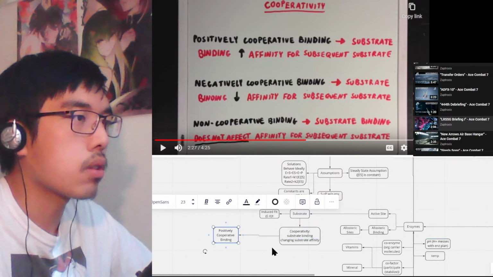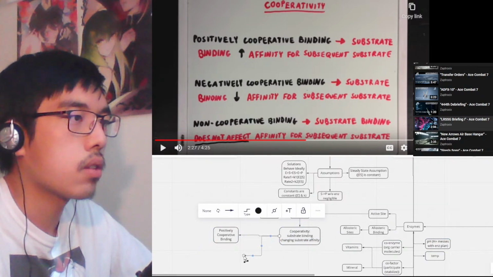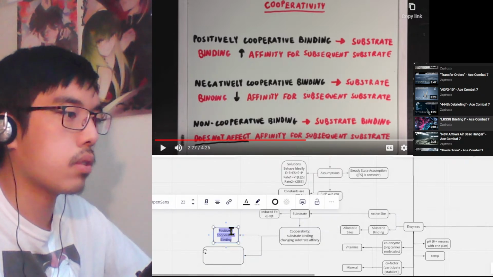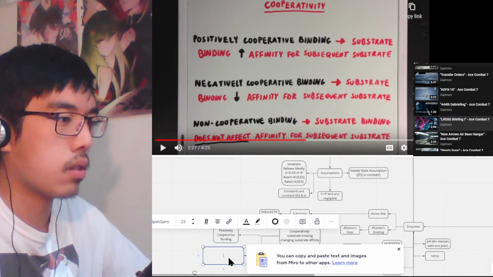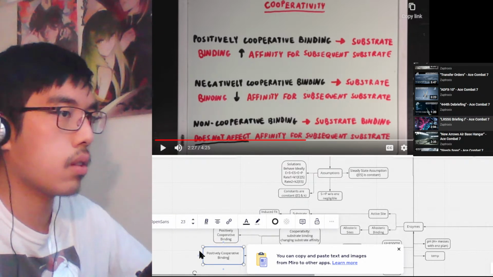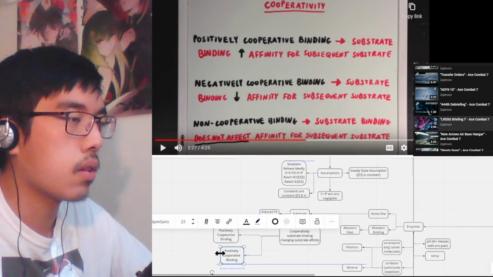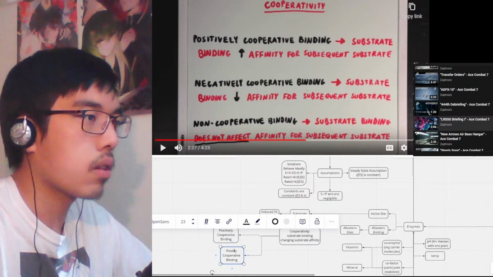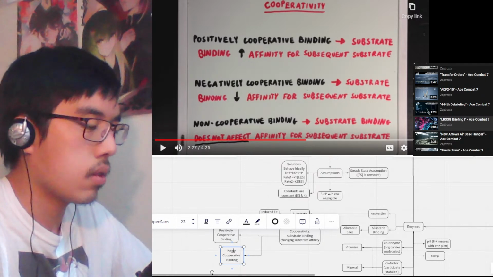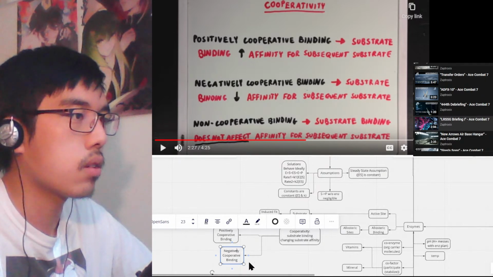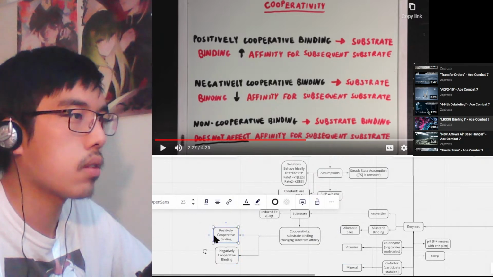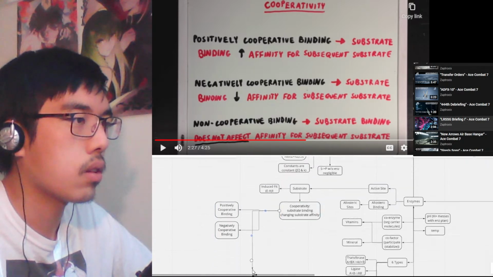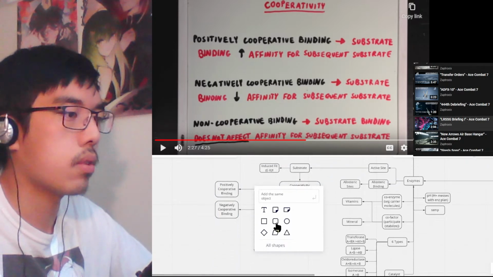Okay, positive cooperative binding. Negatively. Non-cooperative.